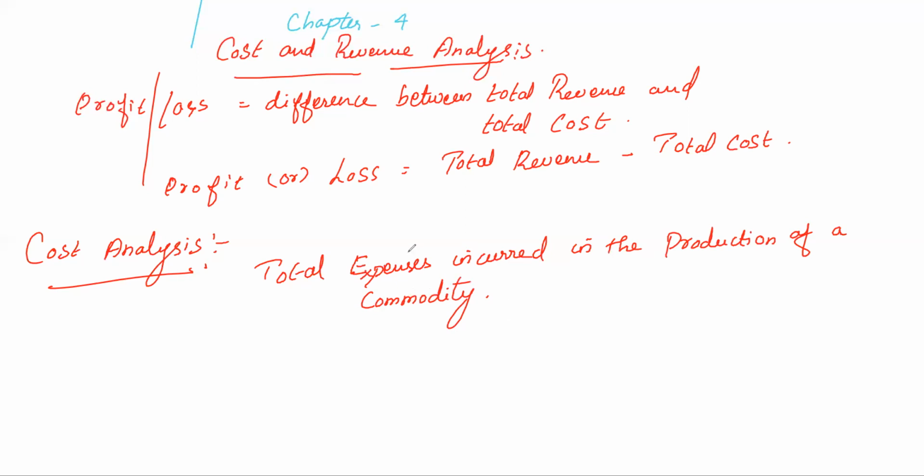So cost analysis refers to the study of behavior of cost in relation to one or more production criteria. Okay, so what is total cost? Total expenses incurred in the production of a commodity.